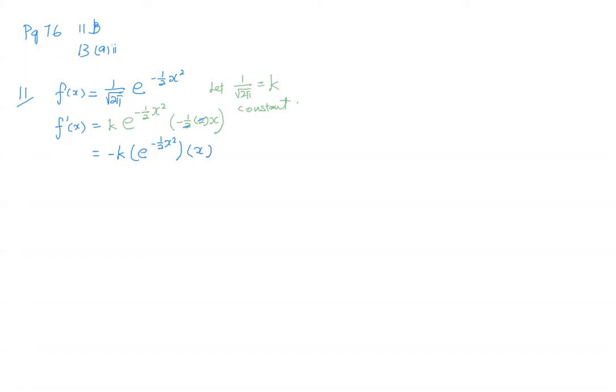Okay, so now to get my f double prime, that is to do part B, I have to use product rule. So I let the constant be outside. So my u is e to the power negative half x squared. So your u prime will be, copy down the whole thing, times by the derivative of the power. So it will be negative x e to the power negative half x squared.